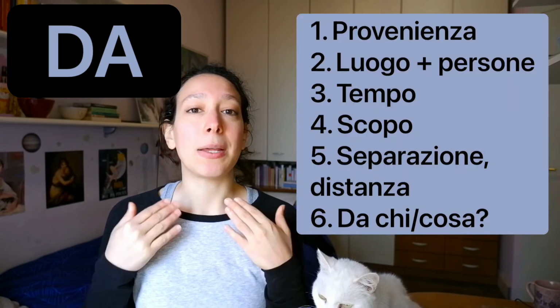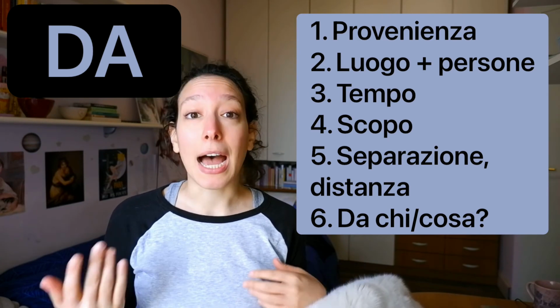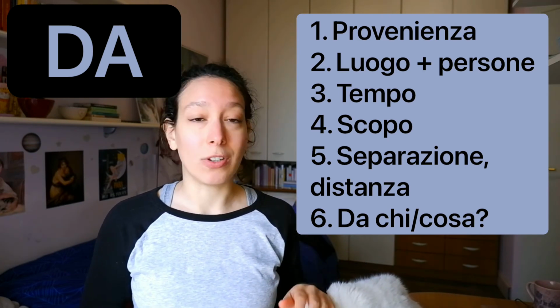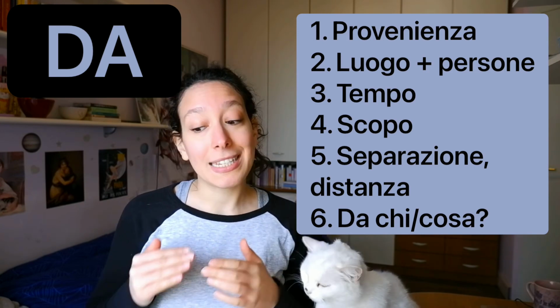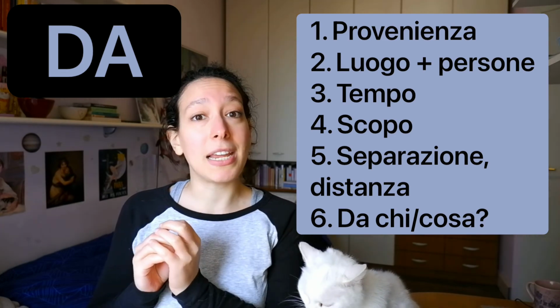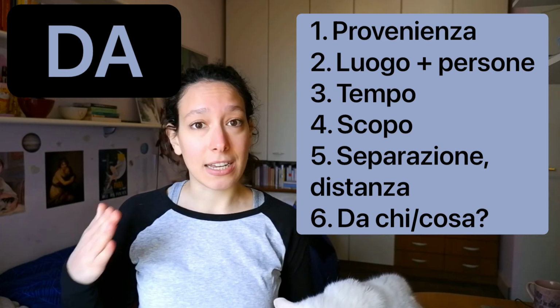So let's repeat them one more time. These are our cases. Let's see them one more time all together. When we want to express the place something or someone is coming from, vengo da Milano, vengo da scuola. When we want to express the place I'm going to, but only if that place is a person. Vado da mia mamma, vado dal dentista, and so on.